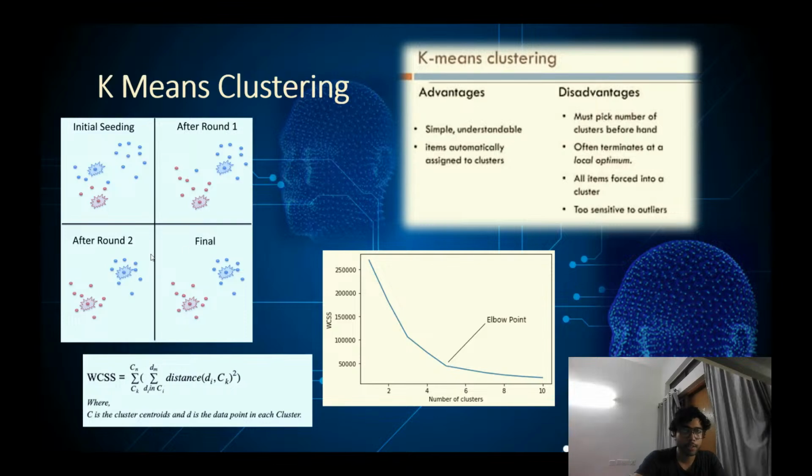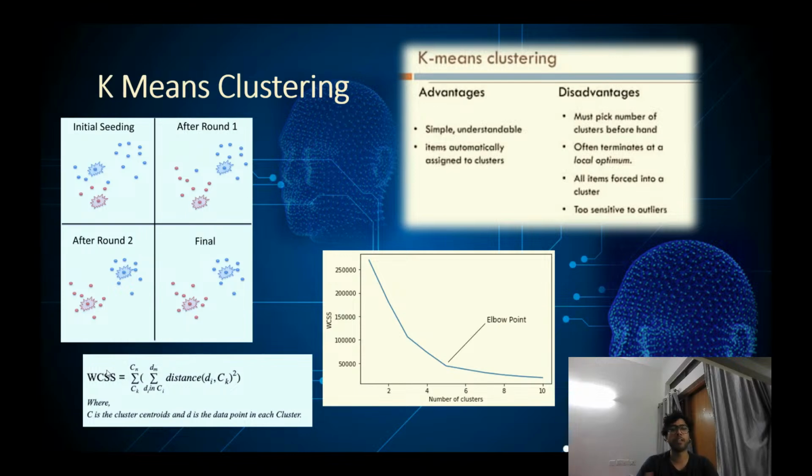So as I was saying, you iterate a number of times till you converge, where there is no change in the centroid or the points of the cluster, right? Now there is some term called WCSS, which helps us determine the optimal number of clusters that can fit this data, right?